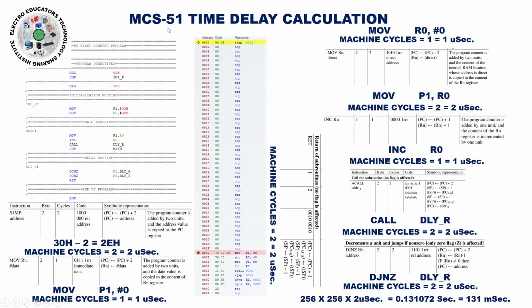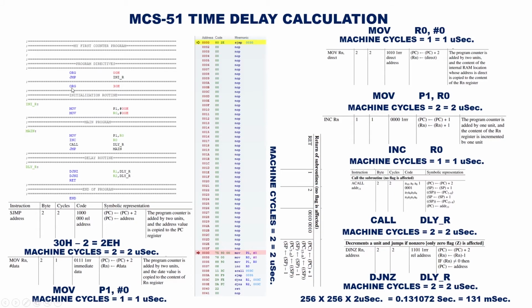Here we can see MCS51 delay calculation, and here we have our program which we wrote in our previous session. We have written ORG 00H, and the compiler has started writing our program from the 00H location, and the first instruction was jump initialization routine. And here on address 30 we have written ORG 30H. It means that we are directing the compiler to write our program at 30H.